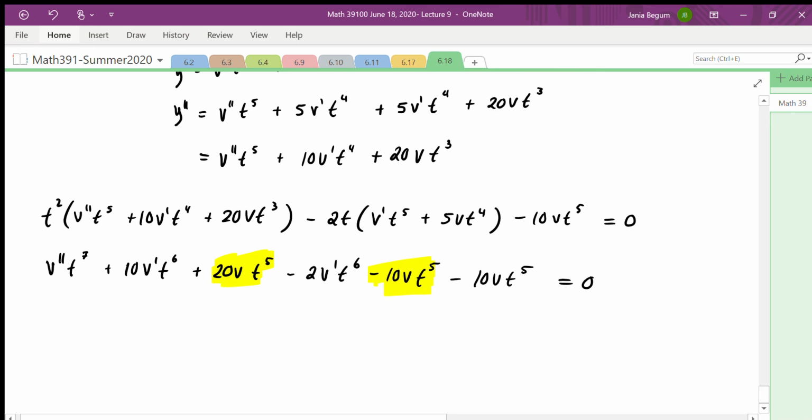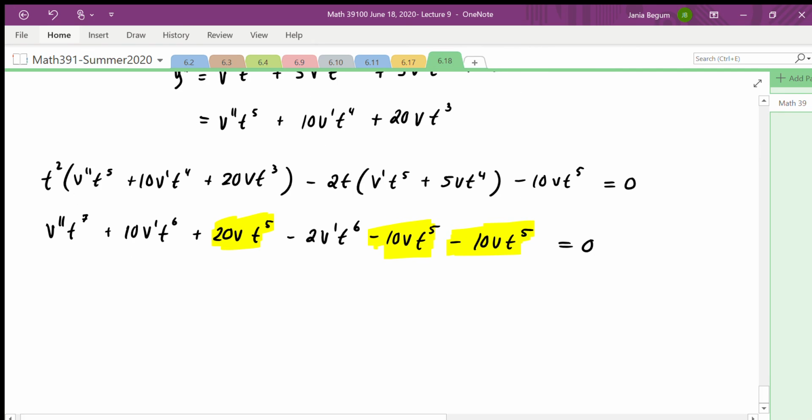Yep, so these will disappear. Oh, that's nice. Thank you. All right, so now the rest we just have to combine and add and subtract their coefficients. So we have v double prime t to the 7th, and then 10 v prime t to the 6th minus 2 v prime t to the 6th. That's plus 8 v prime t to the 6th equals 0.